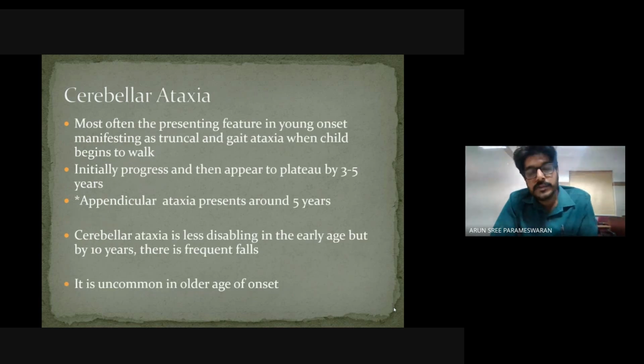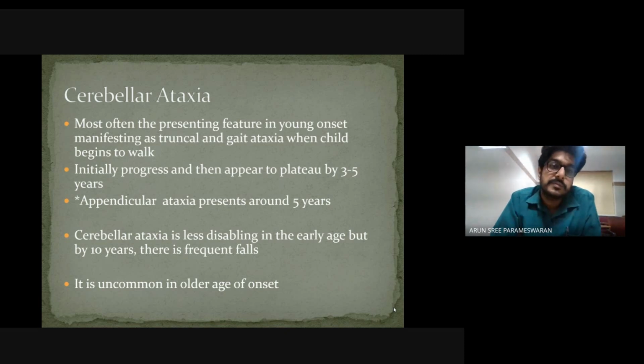So cerebellar ataxia is a very common and characteristic finding in ataxia telangiectasia, as the name itself implies. Initially, it mainly comes in the young onset type, and in young onset type, ataxia can be a presenting symptom, and then it appears to progress and then plateau by 3 to 5 years when the child acquires composite motor skills.